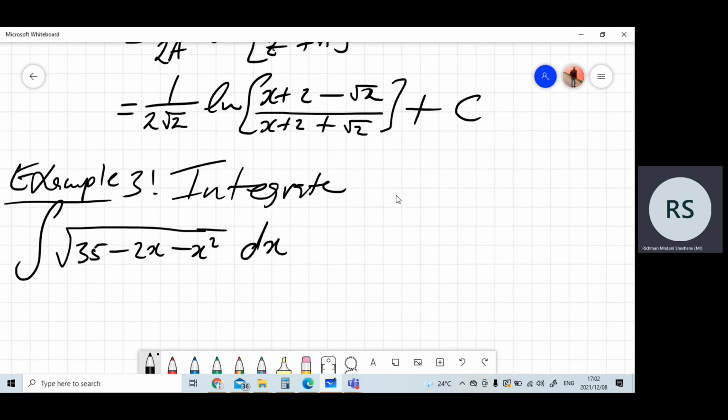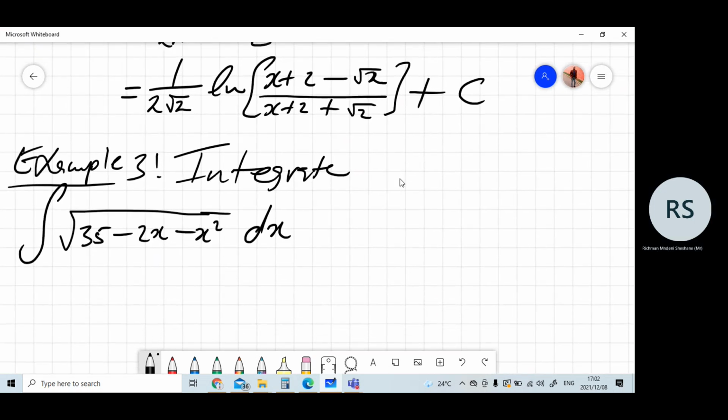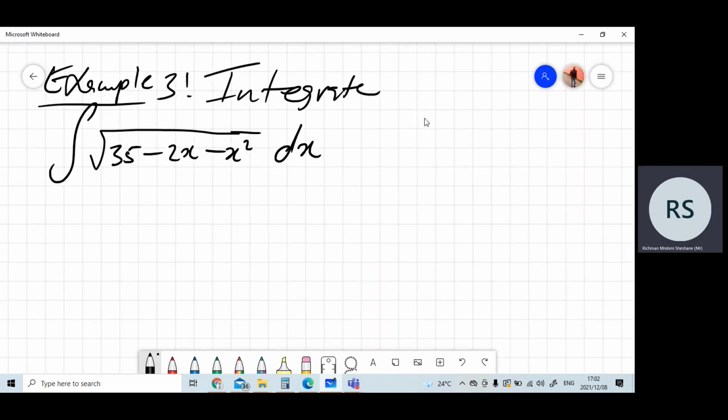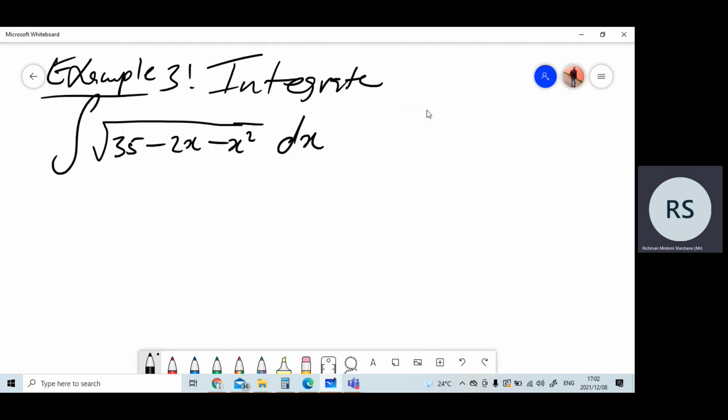So here we want to integrate the square root of 35 minus 2x minus x squared, as a part of your solution.